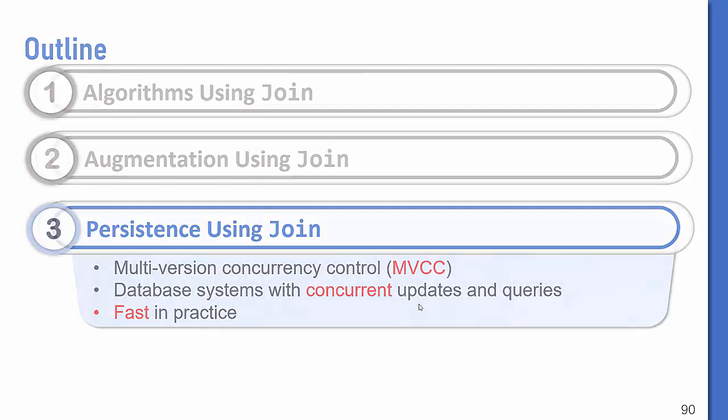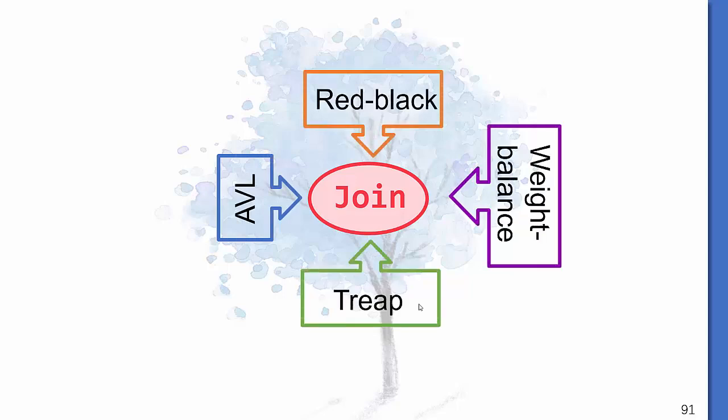Okay, so finally we'll have a quick summary. In this tutorial, I've shown some useful techniques to implement parallel balanced binary trees. Now, one of the core techniques is the algorithmic primitive join. We start with designing a join algorithm for different balancing schemes, including AVL trees, red-black trees, weight-balanced trees and treaps.